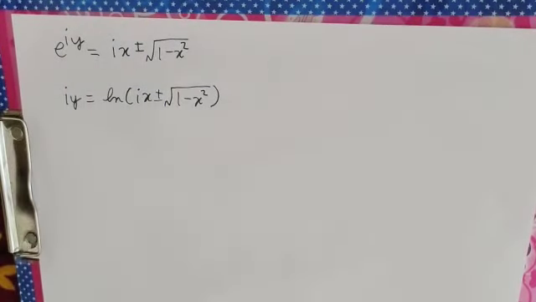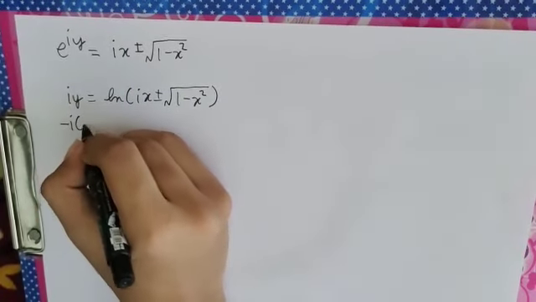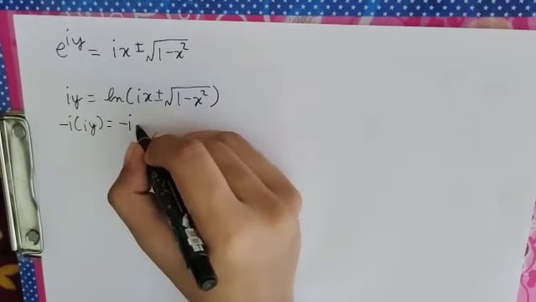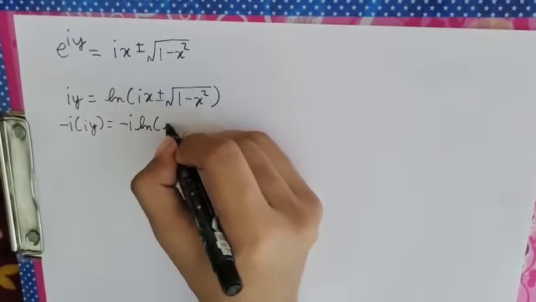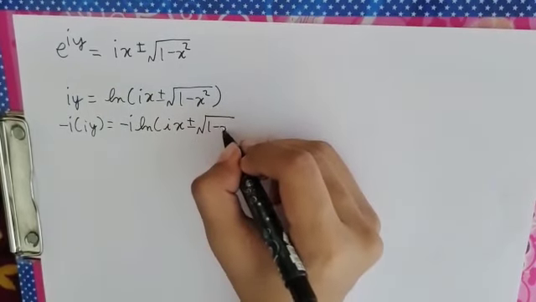Multiplying both sides by minus i, we get minus i times iy is equal to minus i ln of (ix plus minus root of (1 minus x^2)).